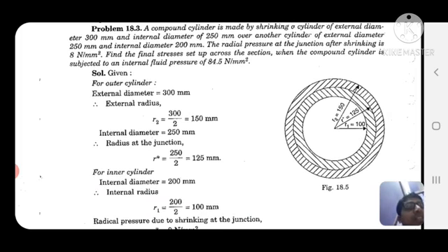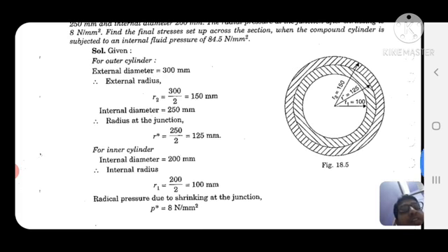The radial pressure at the junction after shrinking is 8 Newton per millimeter square. Find the final stresses set up across the section when the compound cylinder is subjected to an internal fluid pressure of 84.5 Newton per millimeter square.